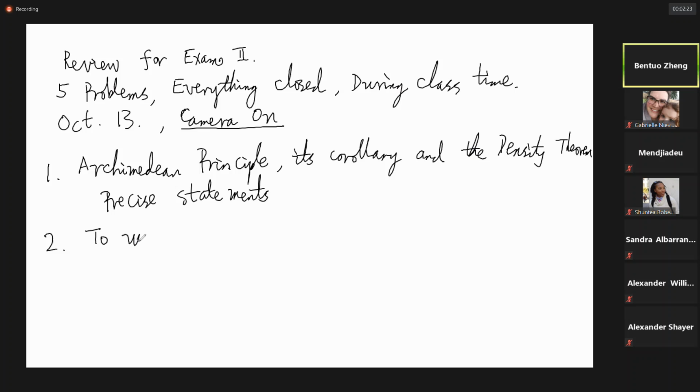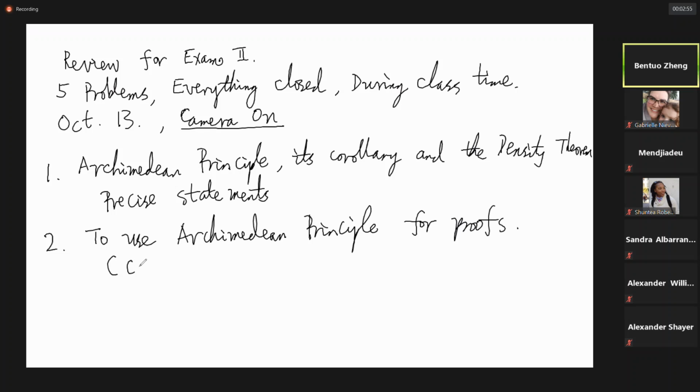use the Archimedean principle for proofs. Okay, for this problem, sometimes you may need to combine it with mathematical induction.